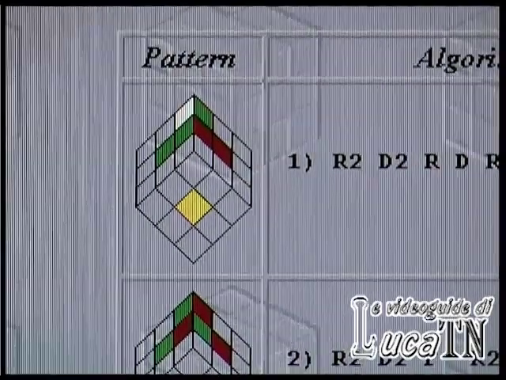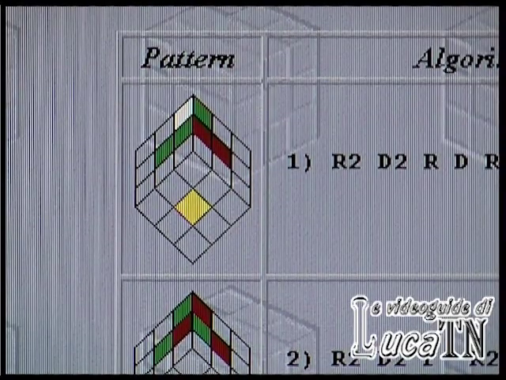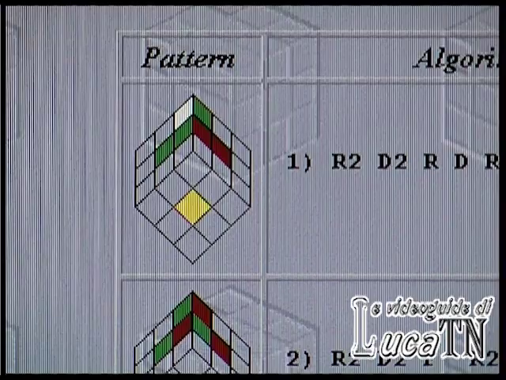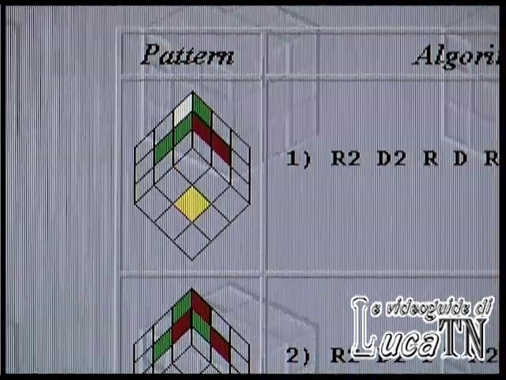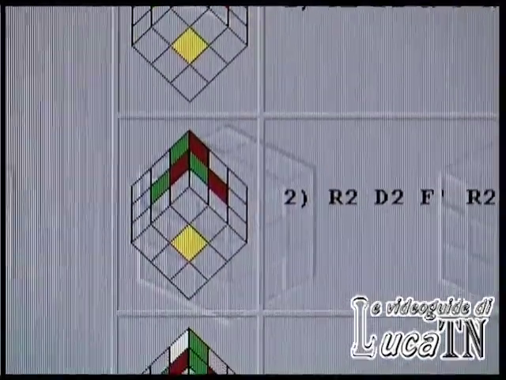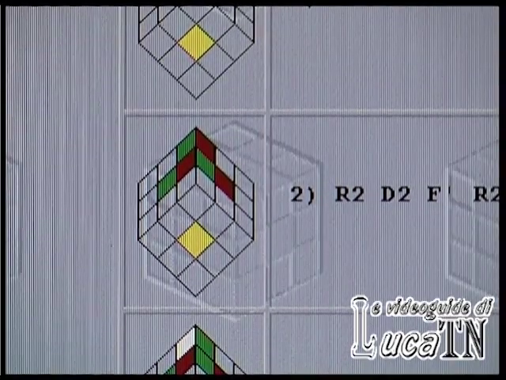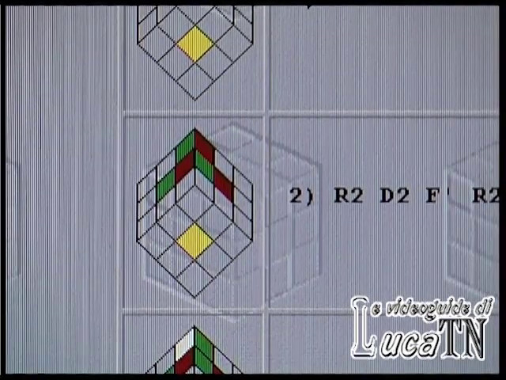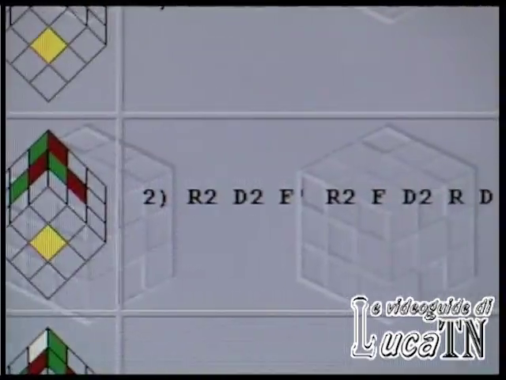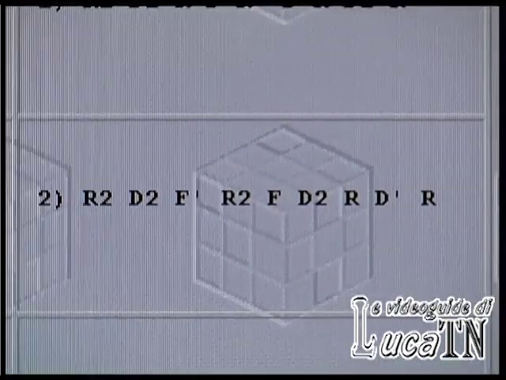In this case, the edge is okay, but the corner needs to be twisted. In this case, the edge and the corner have to be twisted together, and this is the algorithm that solves this situation.